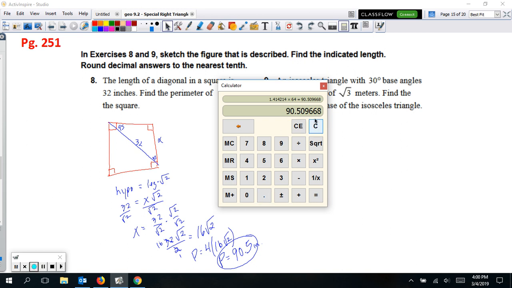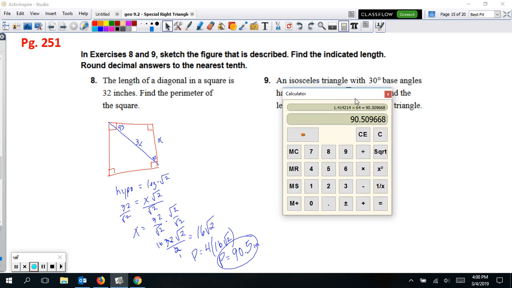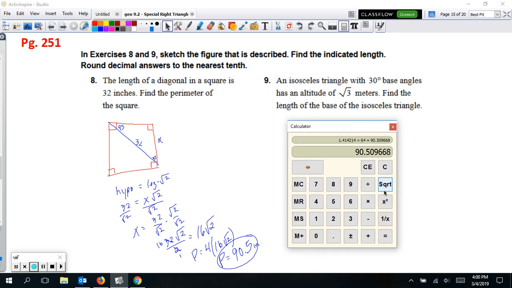Now we could have done it a different way, I suppose, as well. We could have done this many different ways. We could have started right up here without even doing any of this. Since I needed a decimal, I didn't have to do all this radical stuff. I could have just done 32 divided by square root of 2. Not sure that's going to work here.